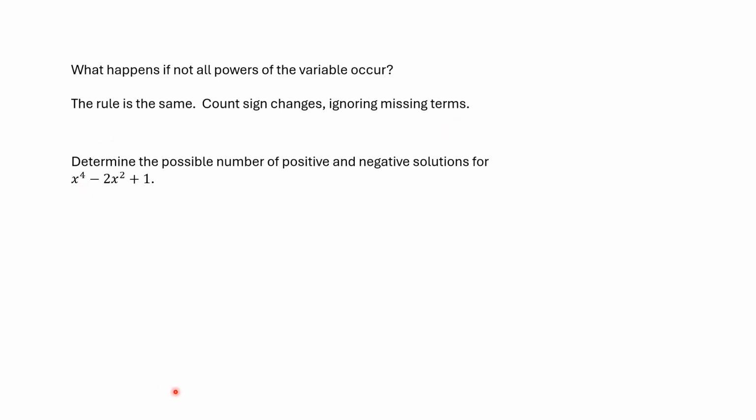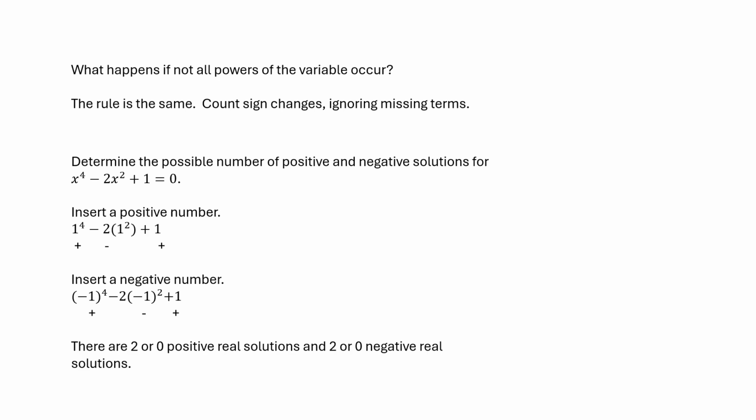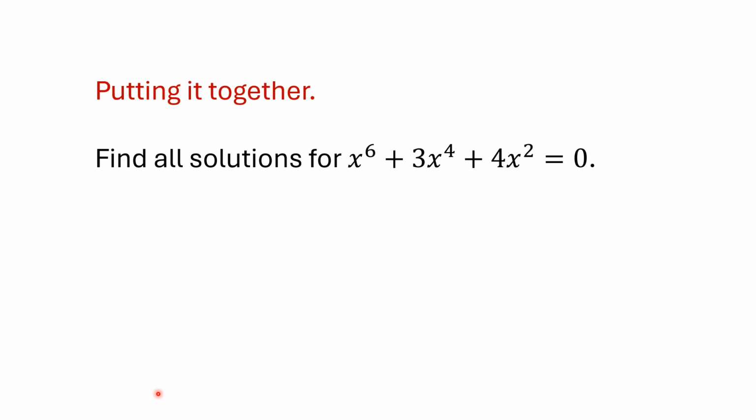I'll put a positive number in, 1: positive, negative, positive. So I get 2 or 0 positive solutions. If I put the negative in, I would find the negative solutions.